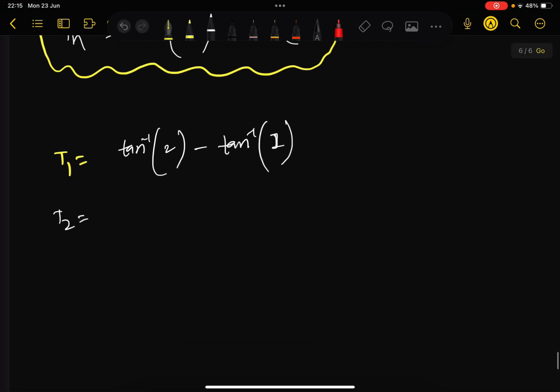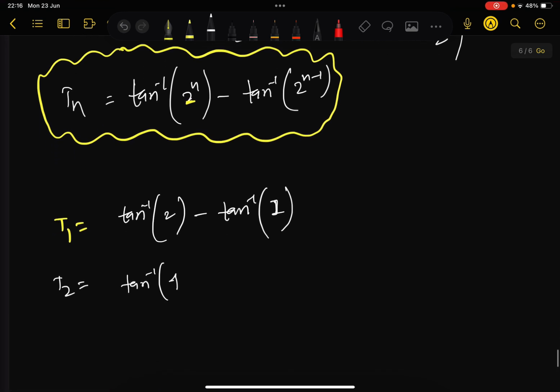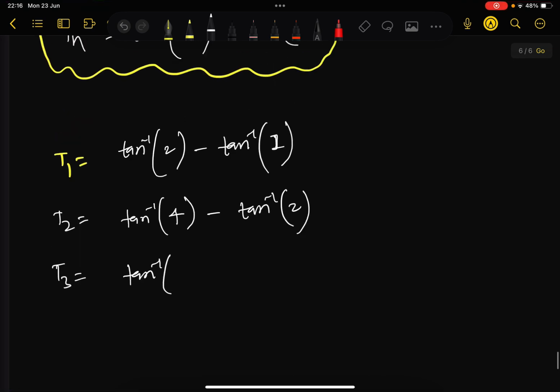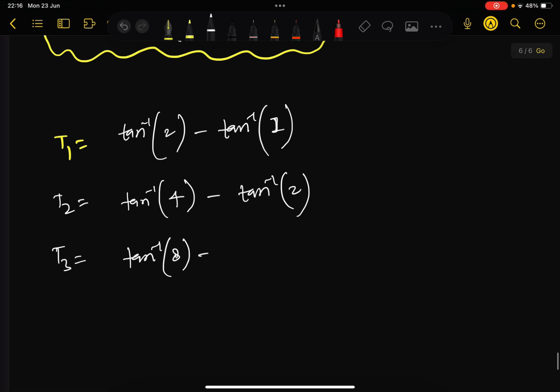And what is the second term? The second term is tan inverse, here put n equals 2, so this will become 4 minus tan inverse 2 raised to 1, so this will become 2 only, right? Now write down the third term: tan inverse 2 raised to 3, that is 8, minus tan inverse 2 raised to 2, that is 4, right?